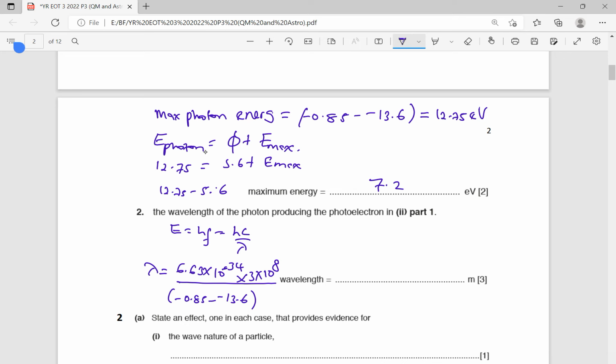Remember, this is in electron volts, so I will say times 1.6 times 10 power negative 19 to change it to joules. And when you press your calculator, you are most likely going to get 9.8 times 10 power negative 19.